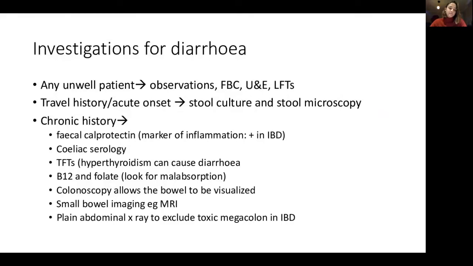But for example, in patients who present with a flare of inflammatory bowel disease, you would probably do an abdominal X-ray to exclude toxic megacolon. For example, if you have a patient with known Entamoeba histolytica, you don't need to do an X-ray in that case.